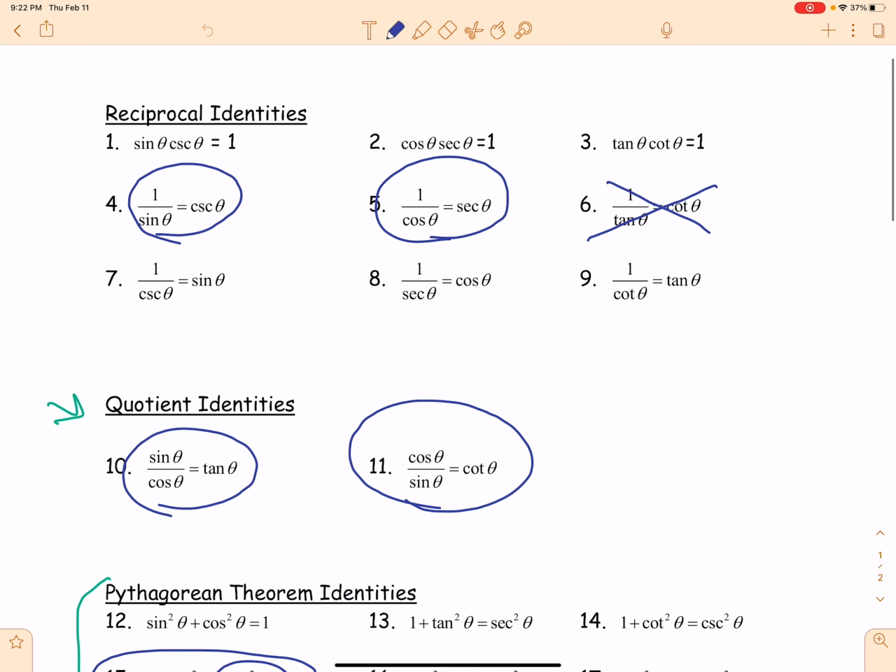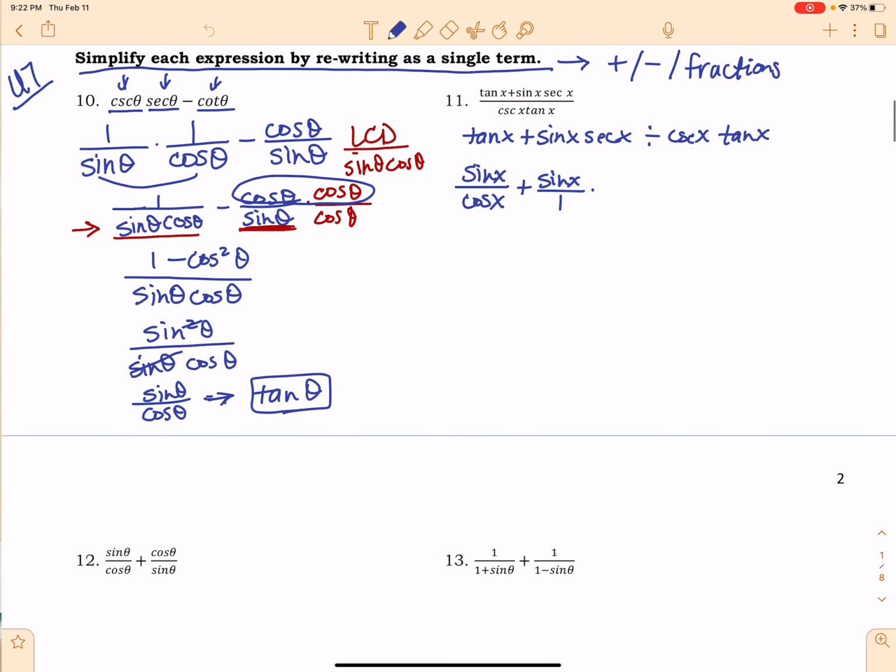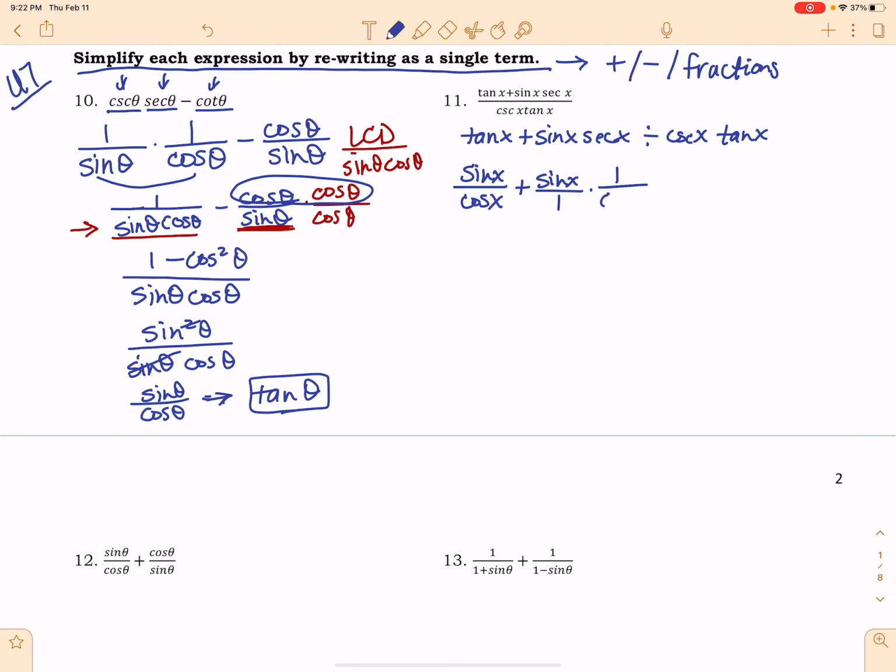Okay, I know that secant x equals 1 over cosine x. Divided by, I'm going to change cosecant to 1 over sine. And I'm going to change tangent to sine x over cosine x. And you'll see why I'm doing this.